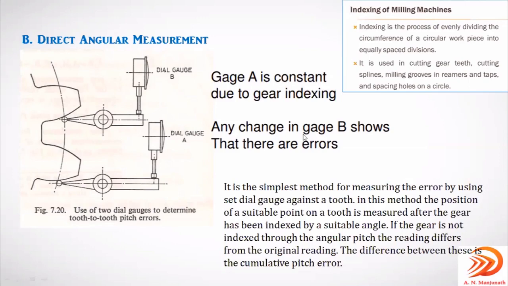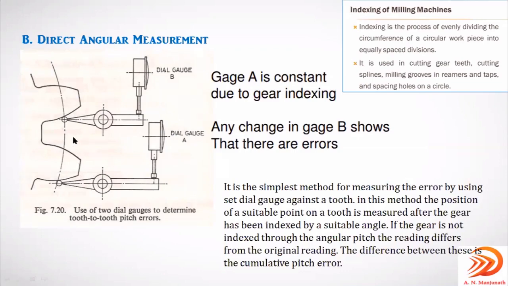Any change in gauge B shows that there are errors in the pitch. It is the simplest method for measuring the error, using the dial gauge against the tooth. In this method, a suitable point on the tooth is measured after the gear has been indexed by a suitable angle.